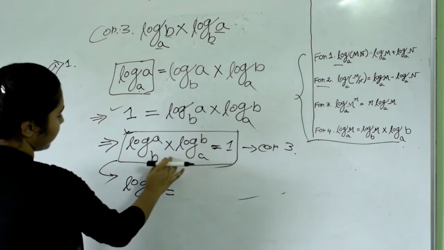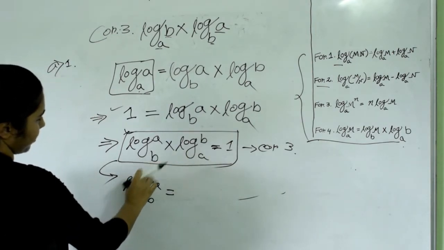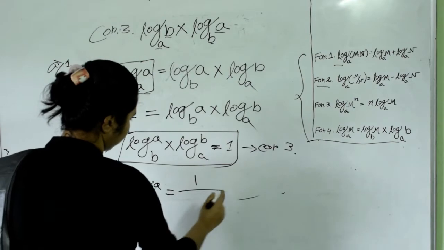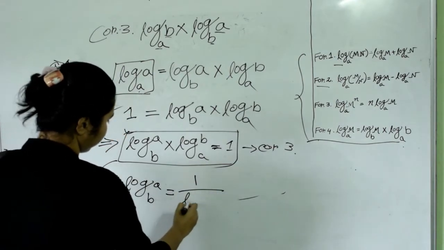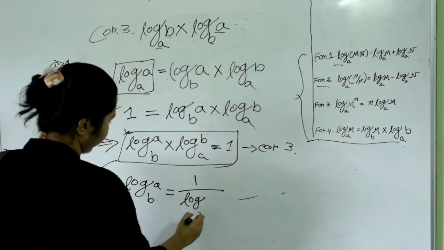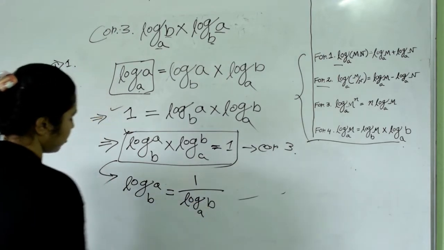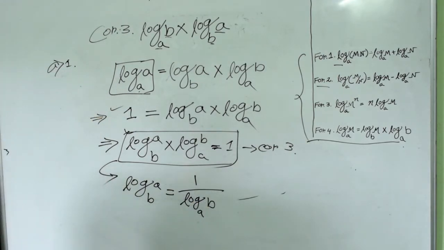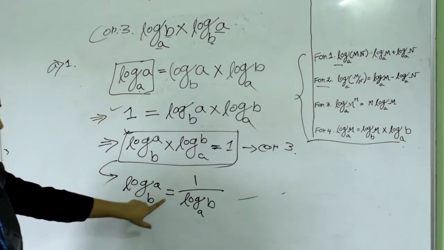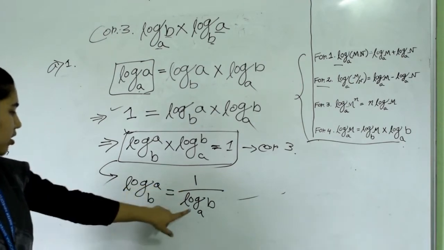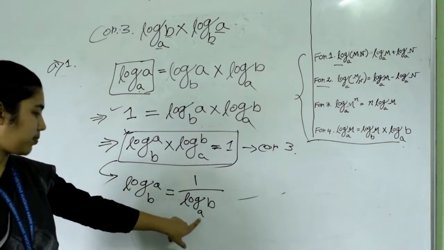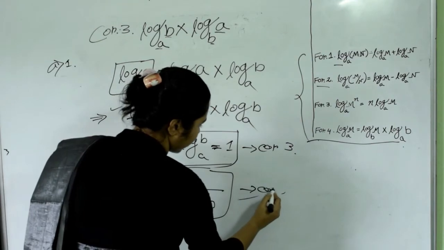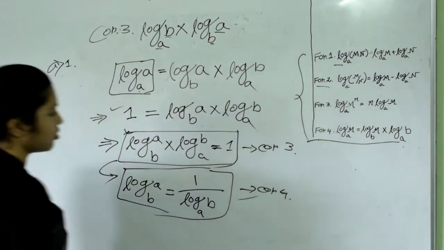Here the value is multiplied with log a with base b. So this side the value will be in denominator. That means log a with base b is equals to 1 by log b with base a. This is corollary 4.